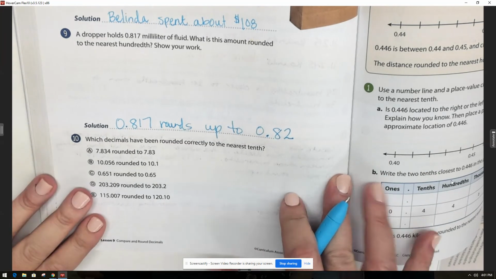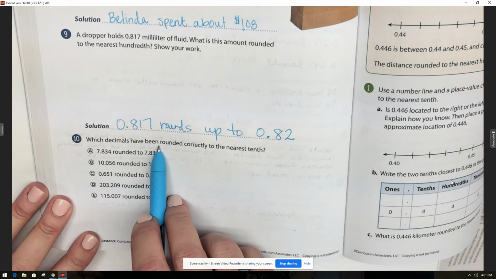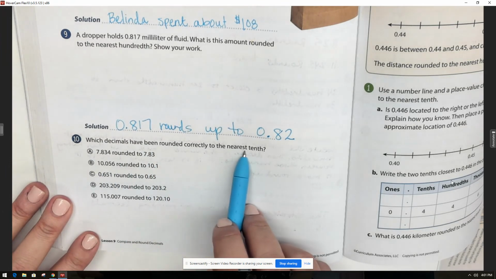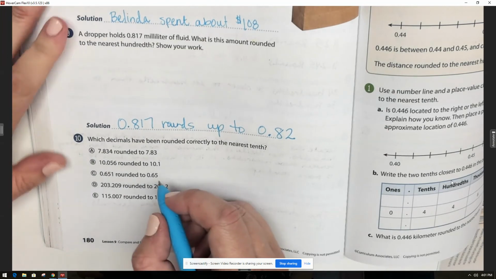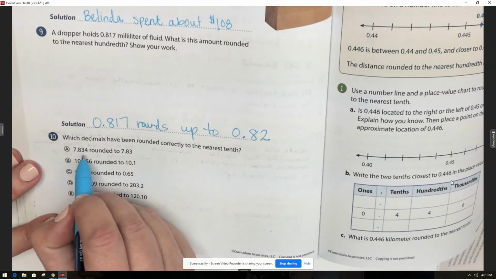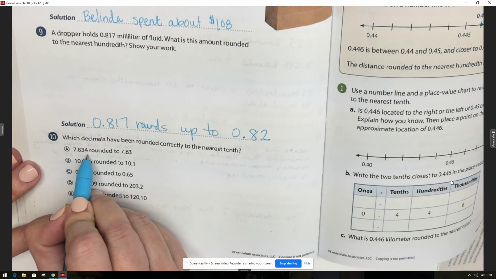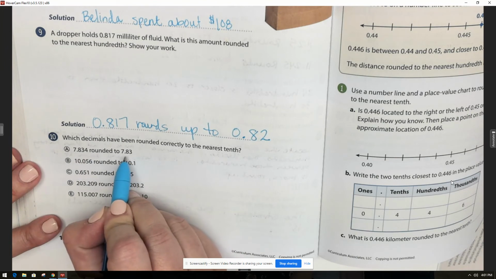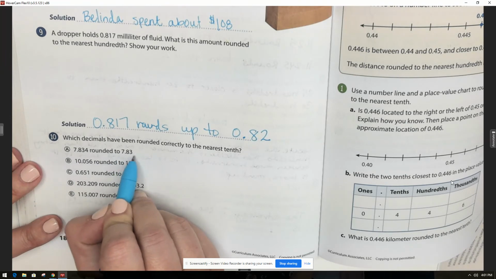And then I'm going to go ahead and let you do number 10 on your own. Which decimals have been rounded correctly to the nearest tenth? Oh, never mind, I'll help you. Okay, so we're looking at 7 and 834 thousandths, and we're rounding to the nearest tenth. Are we rounding to the nearest tenth here?